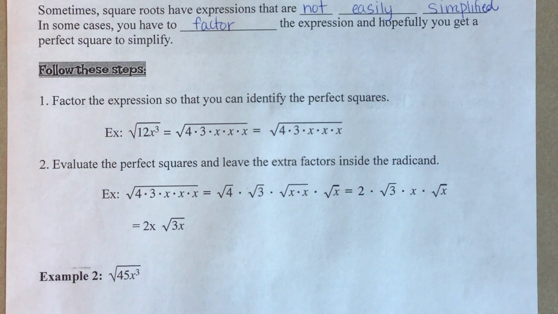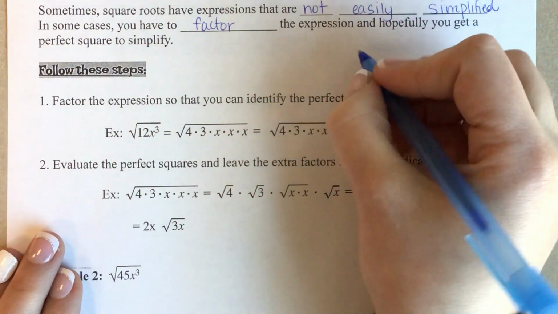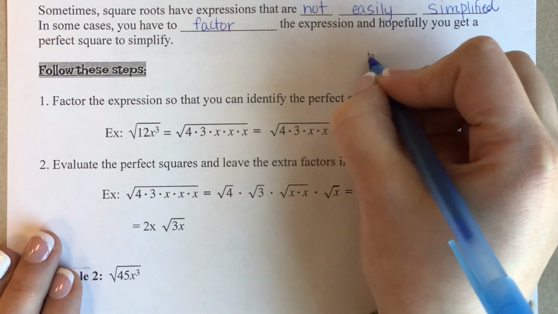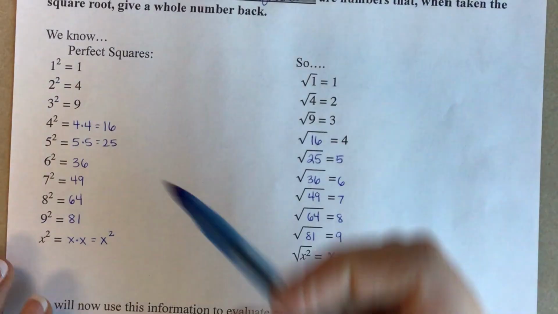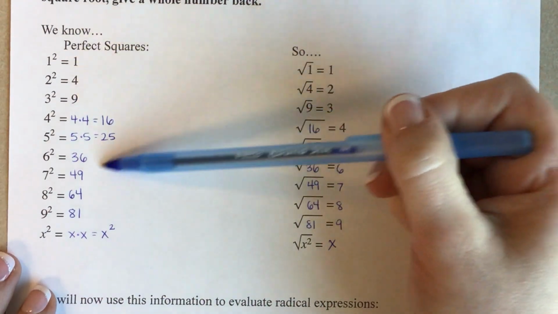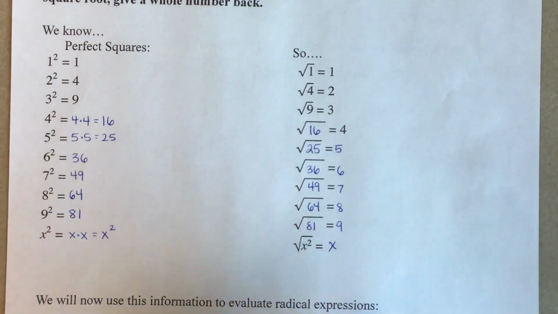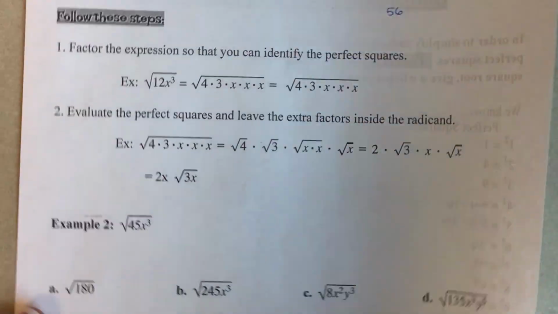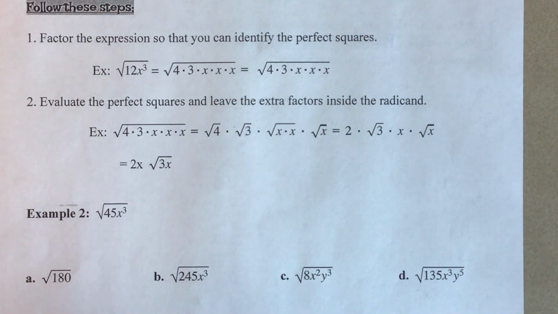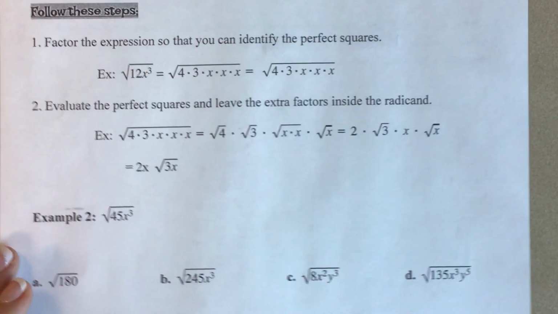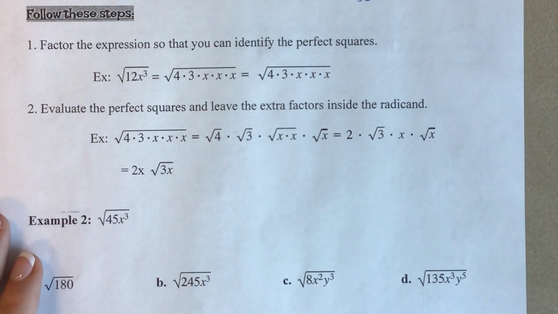So for example, what if we had something in there like 56? Well, 56 is not on our list of perfect squares. So that's going to make life a little bit more difficult. Or what if we had something like, I don't know, 105? These are examples where we would have to do this next strategy that I'm going to be showing you.